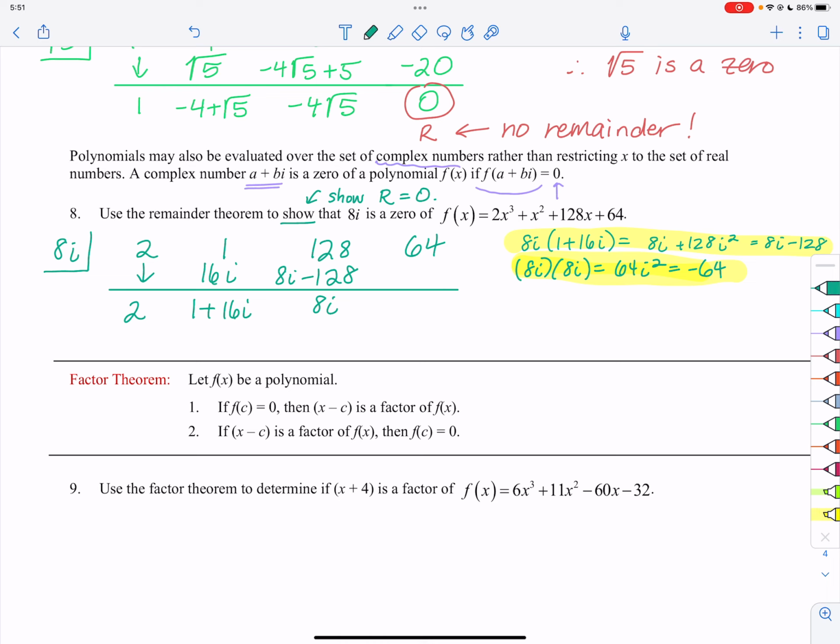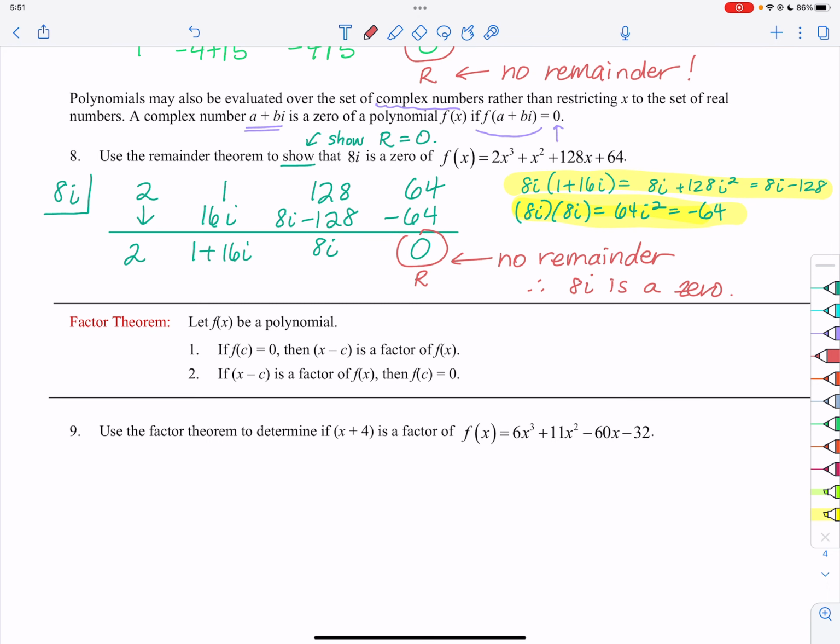So it's just nice to have those on this problem. And we come up with a remainder of 0. So if we have no remainder, a remainder of 0, therefore 8i is a 0.